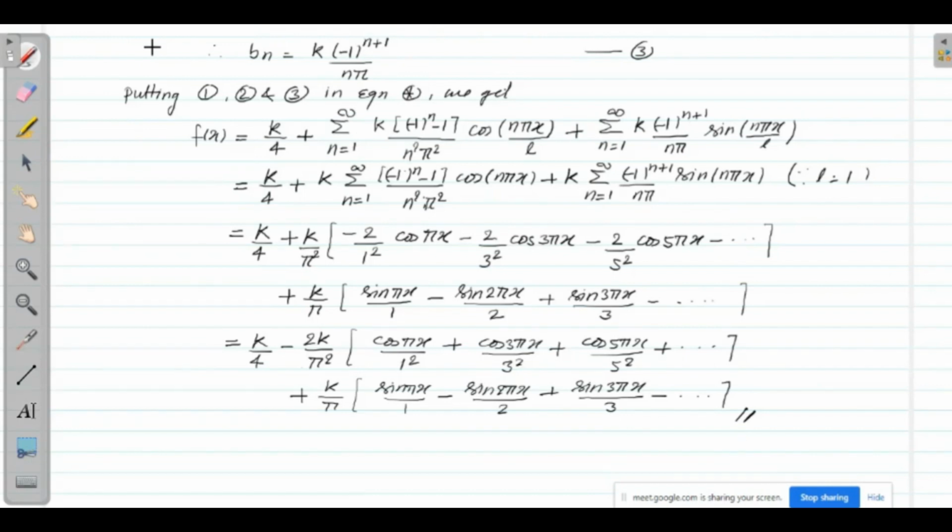Get it? And should I give one problem based on this? One exercise problem I give you, a simple problem.